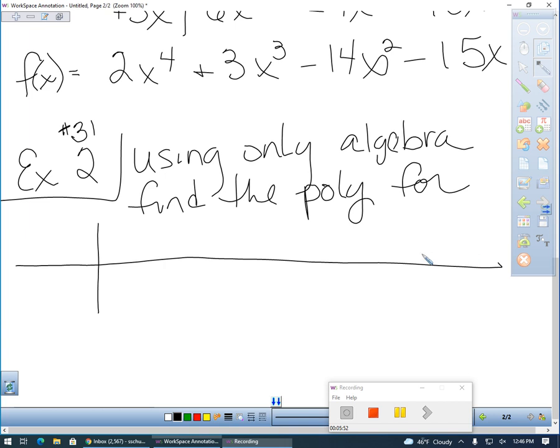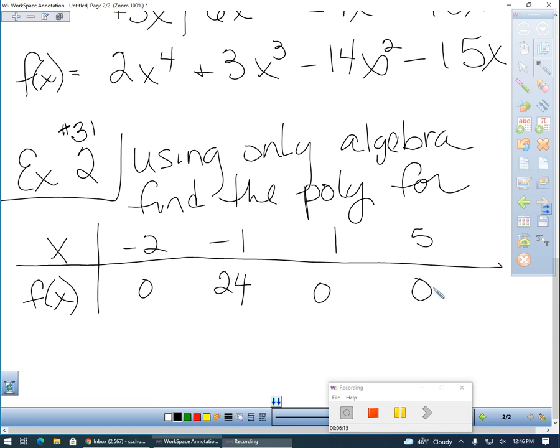Usually we would plug that into our calculator, but we're going to do it longhand using only algebra. So we have x and we have f of x. So let's go with -2, 0, -1, 24, 1, 0, and 5, 0. So let's really look at what this table means, okay? This table is giving us how many zeros?